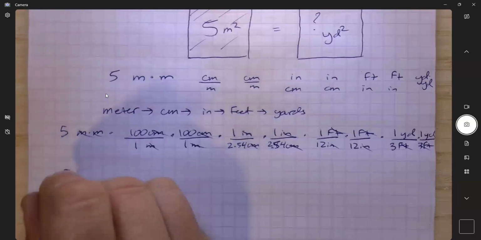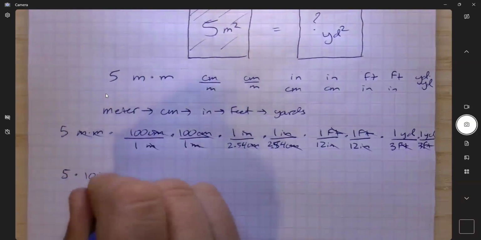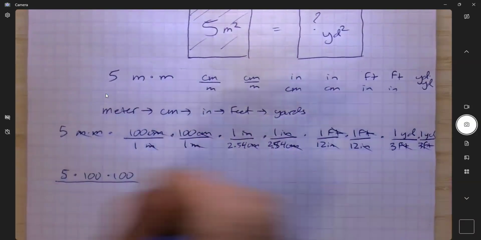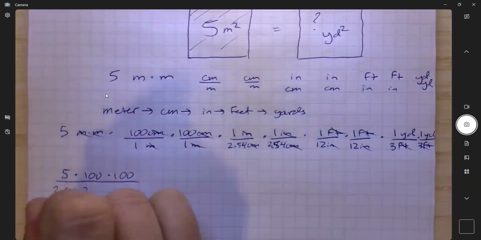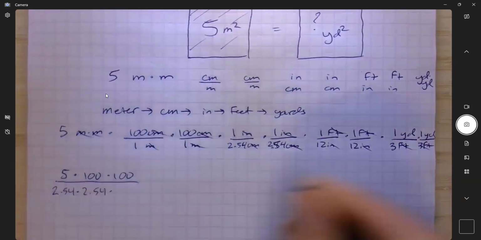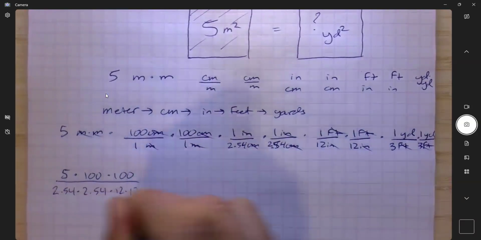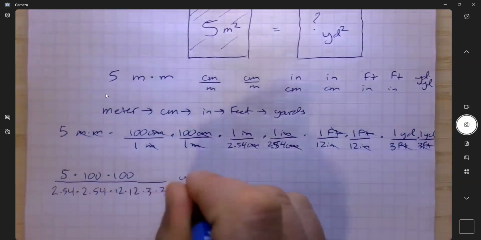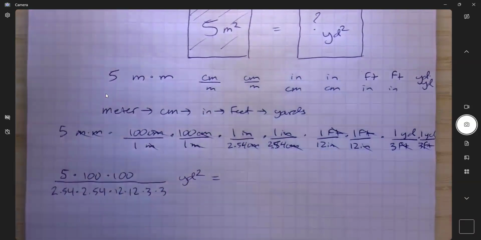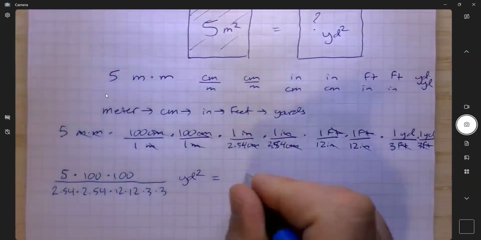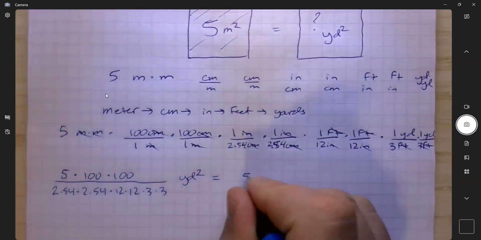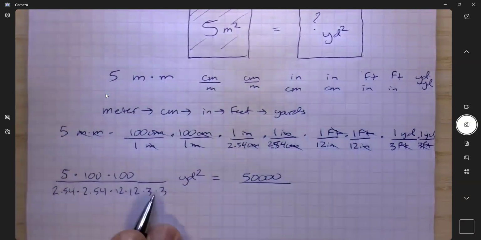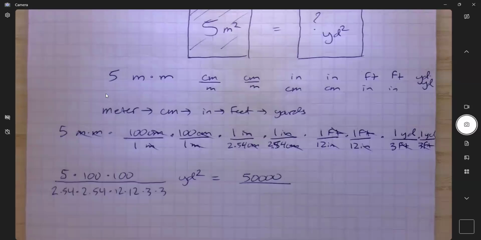So I have 5 times 100 times 100, and then I'm going to do a lot of division, divided by 2.54 times 2.54 times 12 times 12 times 3 times 3. And that's going to give me yards squared. And this is what calculators are for. That's going to be 50,000, and I need a calculator to do all of this math.